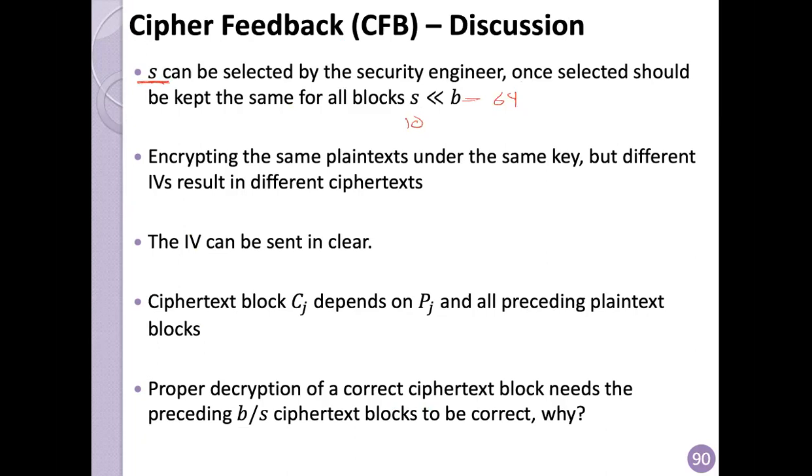And this means that you can convert the block cipher DES into a stream cipher. Now you can use DES and start encrypting 10 bits, 10 bits, 10 bits of data: the first block of 10 bits, the second block of 10 bits, the third block of 10 bits, and so on. So this means that we have converted the block cipher into a stream cipher, which is very important. So this is the first feature or option that we get.